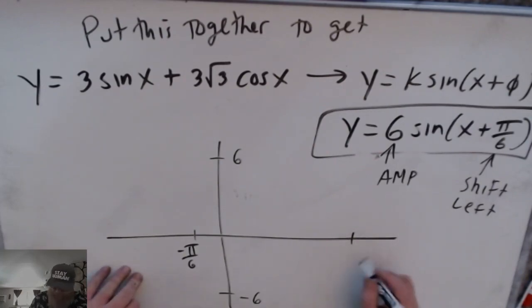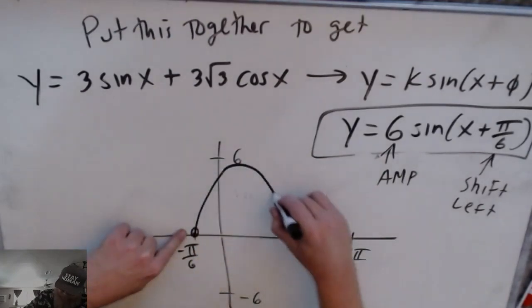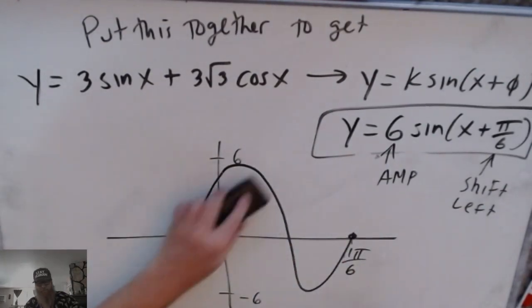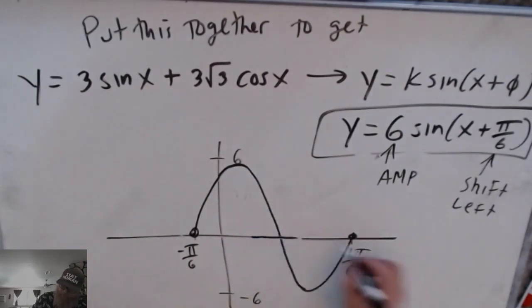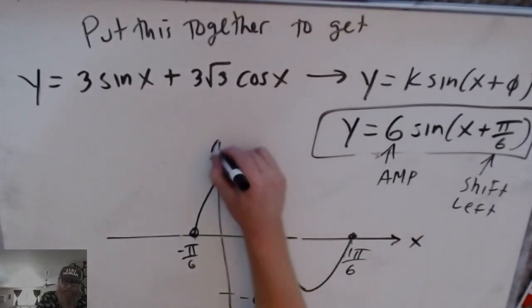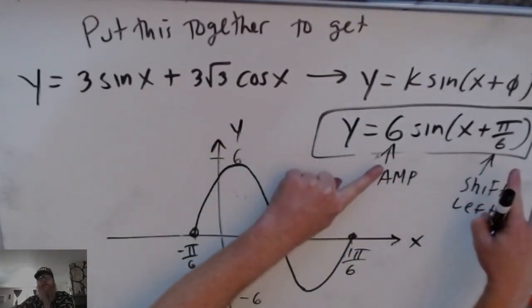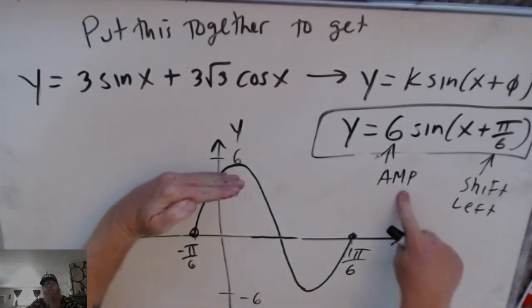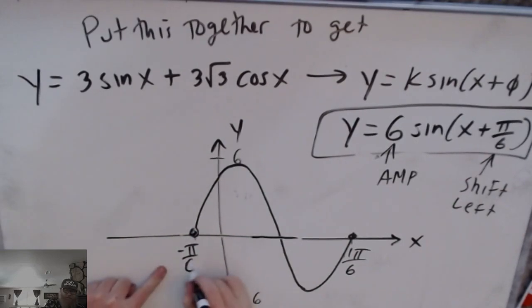That would be 11 pi over 6. It's not a very good graph. I could probably do better, but it's just to give you the idea. This graph here, y equals 6 sine of x plus pi over 6, has an amplitude of 6. That's your amplitude. And then it's been shifted left, negative pi over 6.